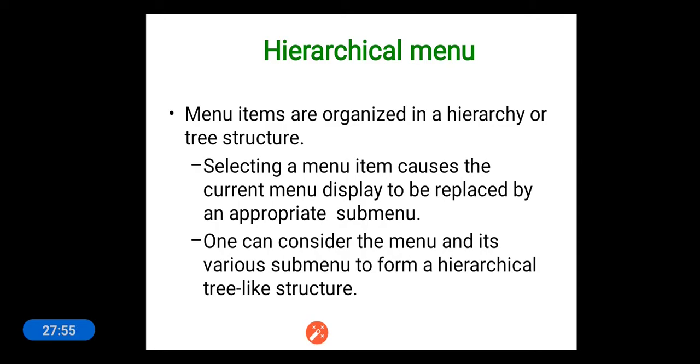That means we can't see all the menu items on a single page. Here, selecting a menu item causes the current menu display to be replaced by an appropriate sub menu. That is the only difference between the walking menu and the hierarchical menu.